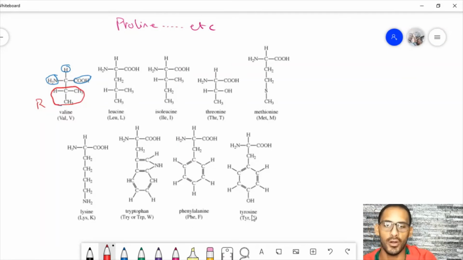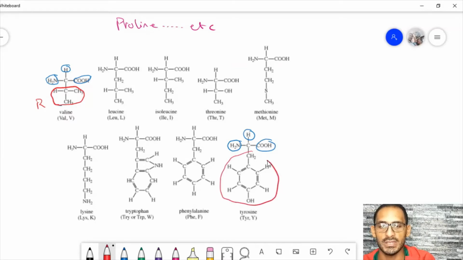Now, although you'll find the same things, you find the amine group, you will find the hydrogen, you'll find the carboxylic acid, and you will find its side group. That's all of it. All of this is the side group. All of this is the R. Okay, all of that connected to a center carbon atom.